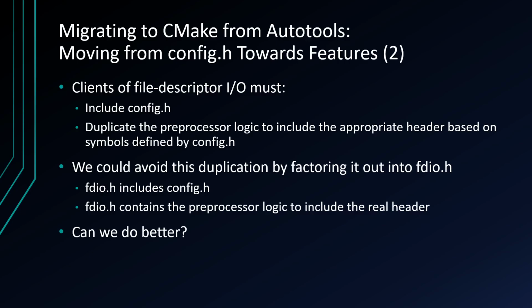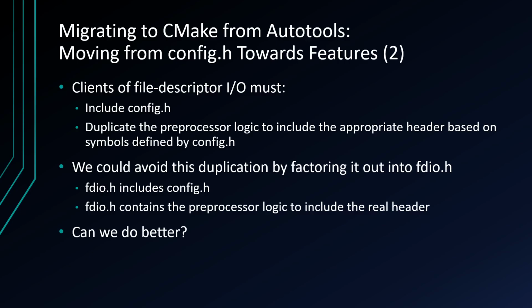One way you can avoid that duplication, because duplication is always a source of errors, is to create a little fdio.h that includes config.h and has the preprocessor logic in one place to decide which header needs to be included in order to provide these functions. That's a little better.